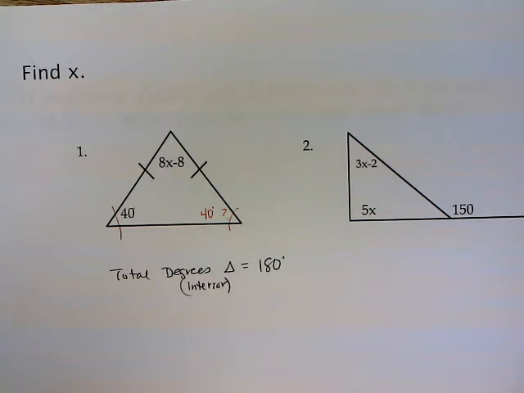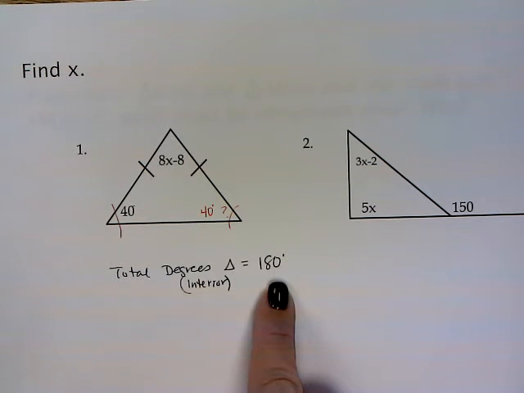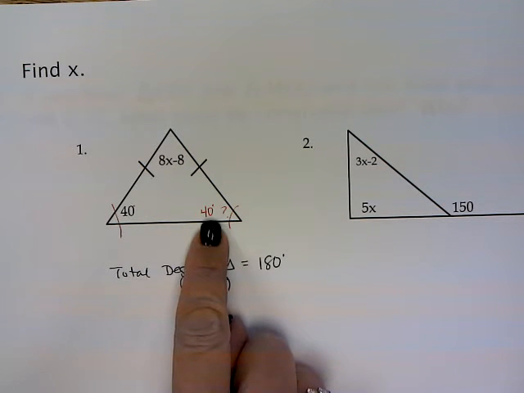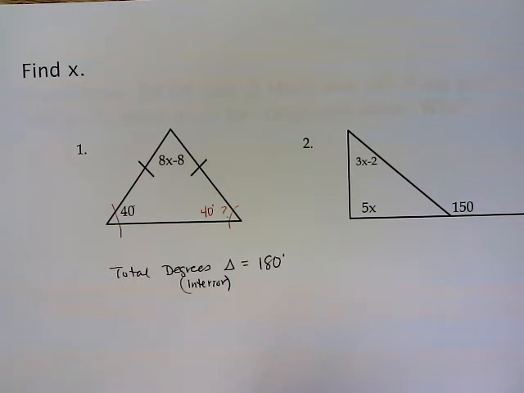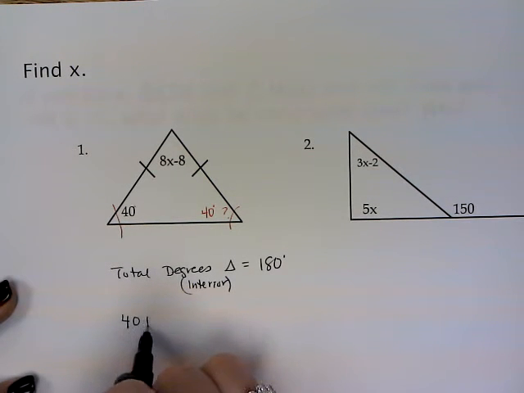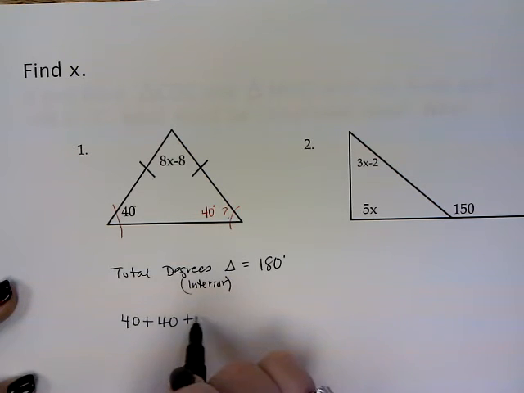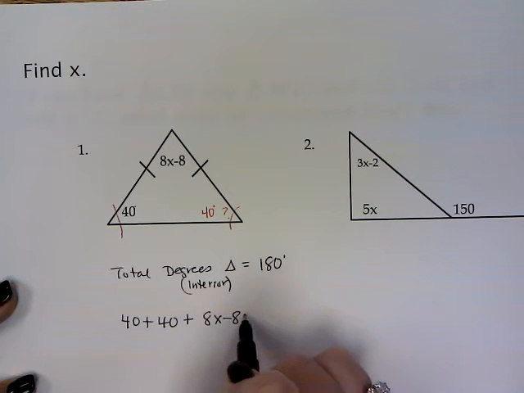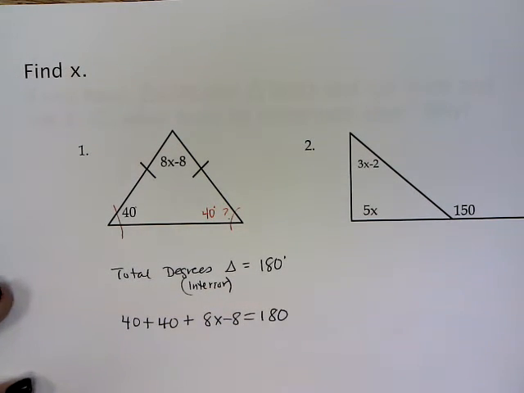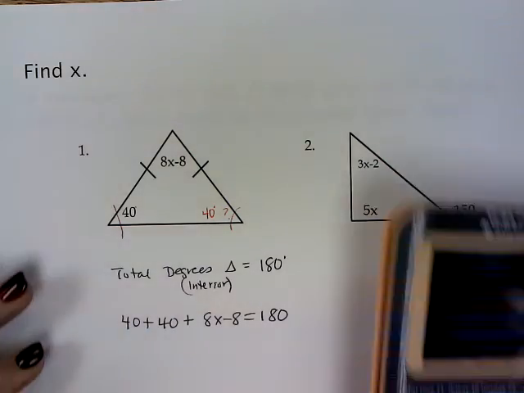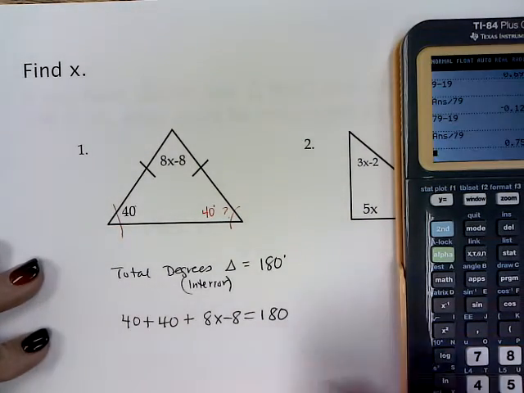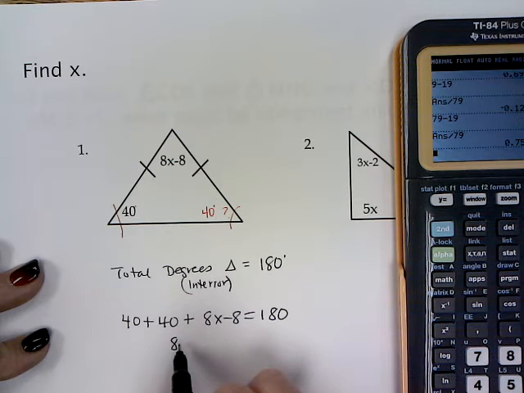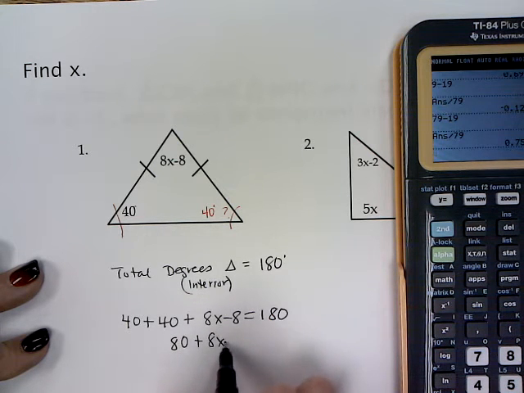So now I can come back and say, all right, I know the total degrees is 180. I know the missing angle here was 40. So now I can just say 40 plus the 40 plus 8x minus 8 gives me the total degrees of my triangle, which is 180. So now I have 80 plus 8x minus 8.